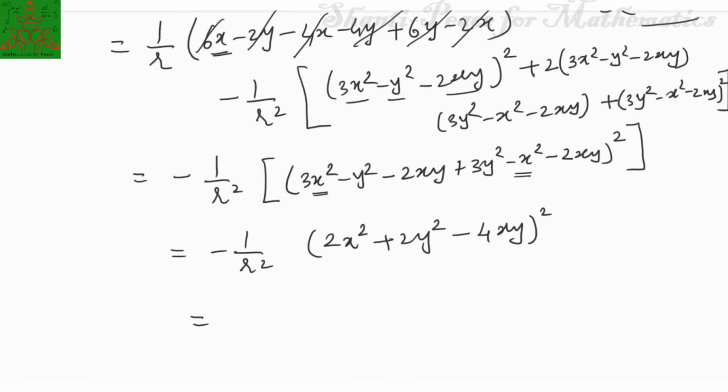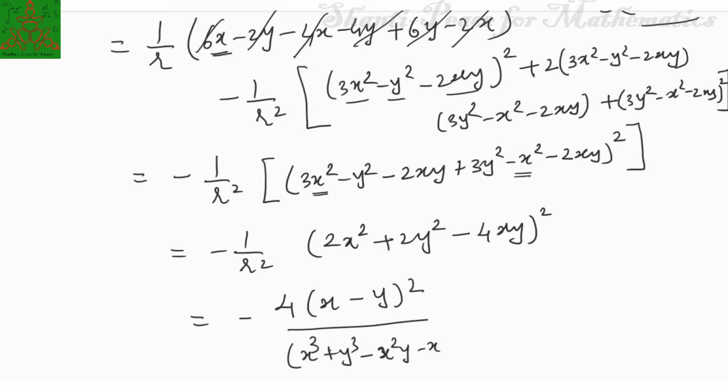So this gives you, with 2 common out, 4 times x minus y whole square upon r square. What is r? The value of r is x cube plus y cube minus x square y minus xy square.